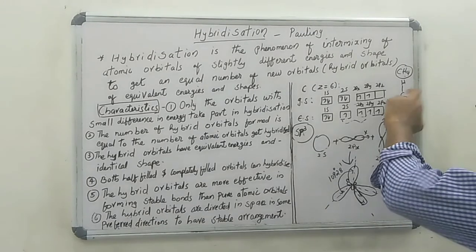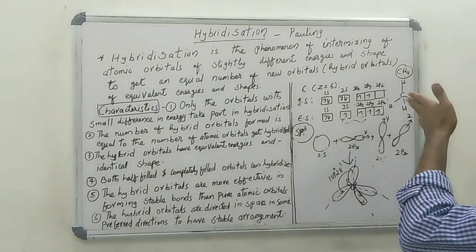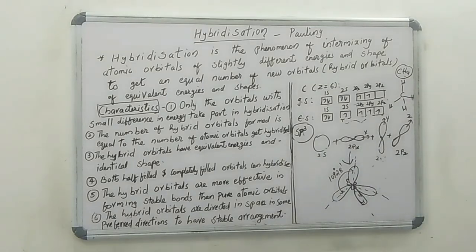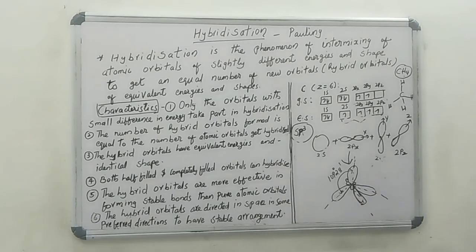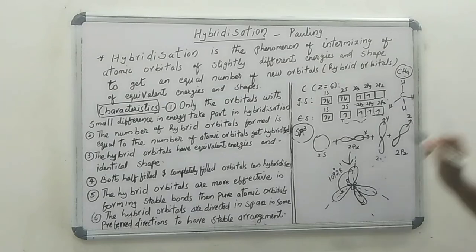For the purpose of forming these 4 CH sigma bonds, the number of hybrid orbitals in carbon must be 4. We know in sp3 hybridization the number of hybrid orbitals is 4 sp3. Then there is no doubt: in methane, the central carbon atom is sp3 hybridized.